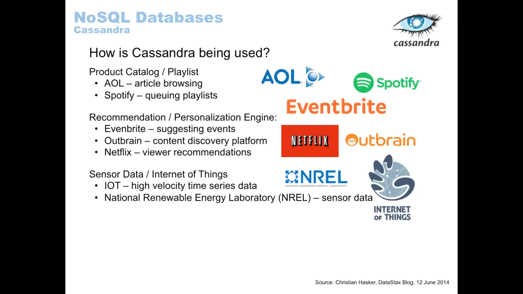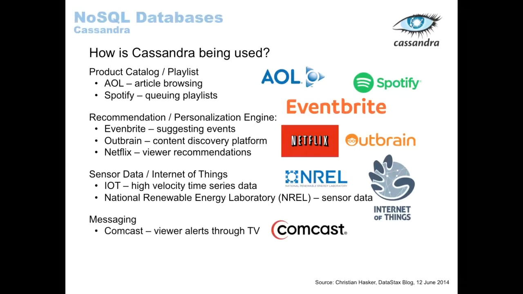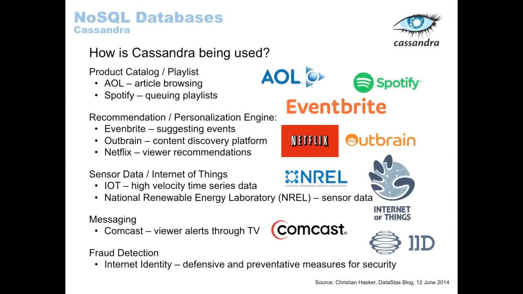They're using sensor data in the Cassandra database. Messaging, Comcast is presenting viewer alerts through the TV. And fraud detection, the Internet Identity Company is developing defensive and preventive measures for security.